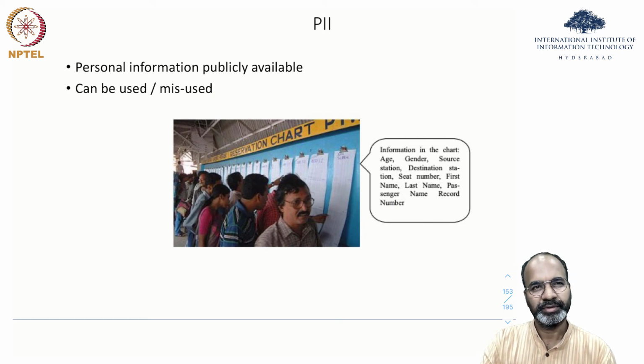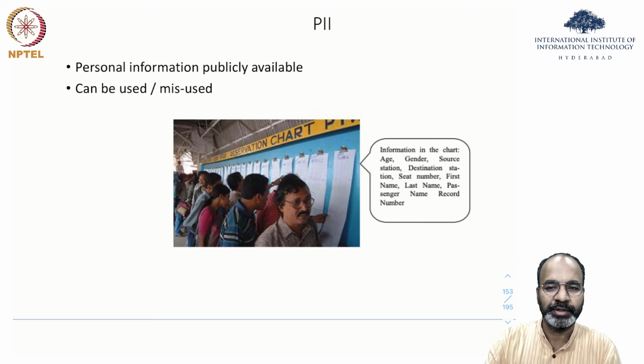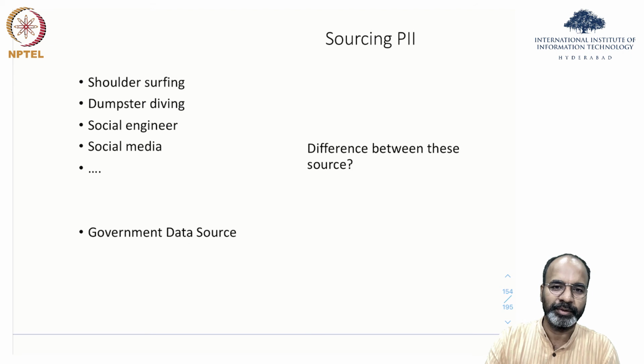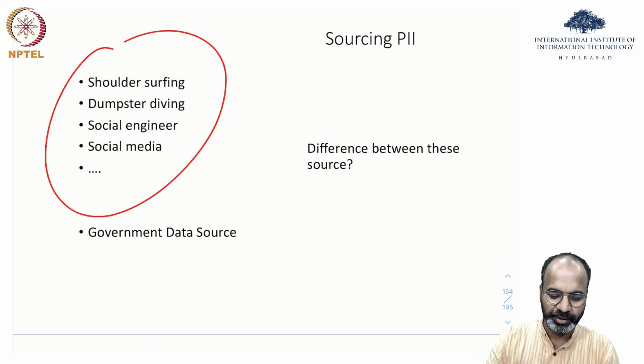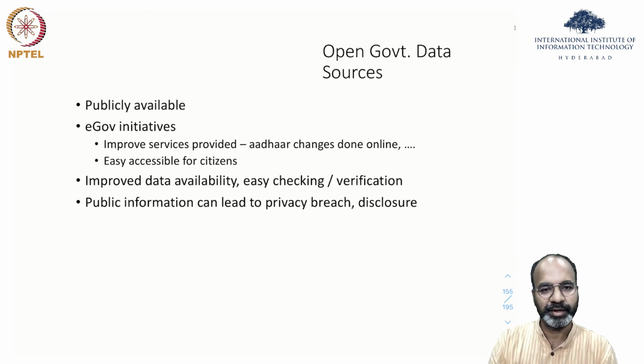Then we saw places where publicly available information can again be put together to create a profile. In this case, we saw specific examples where government information that is publicly available on government websites can be put together. These are all different techniques by which you can collect information, PII.